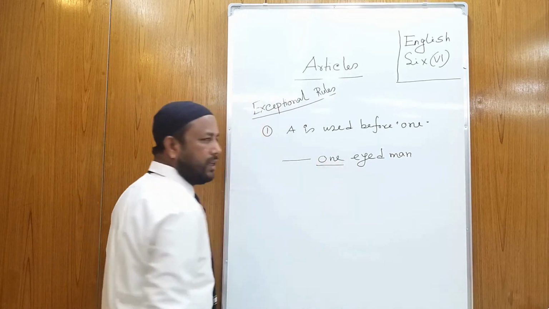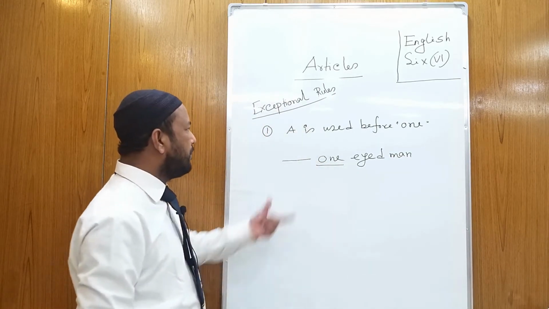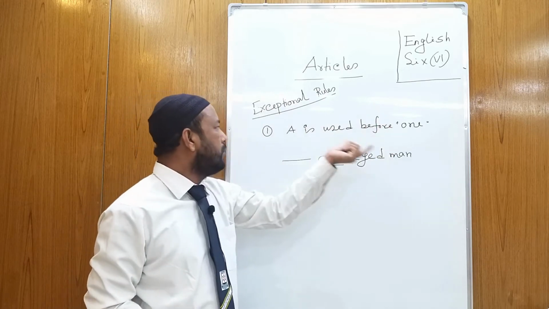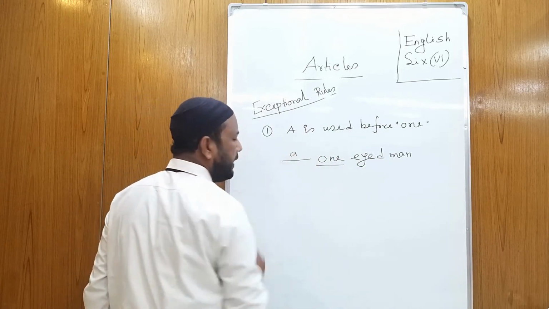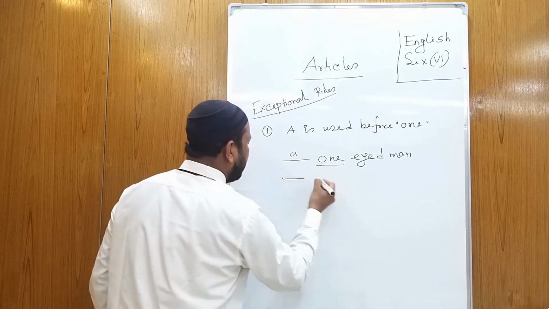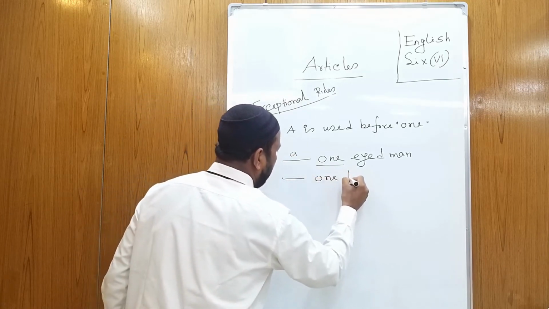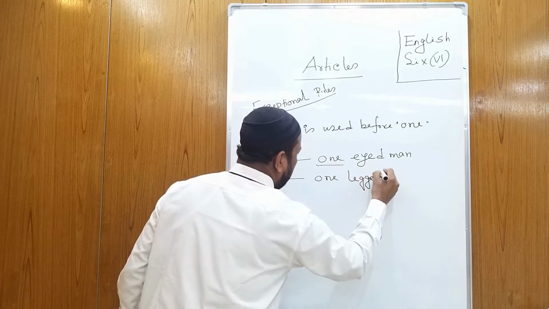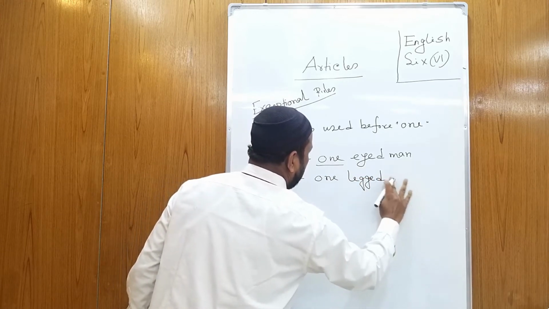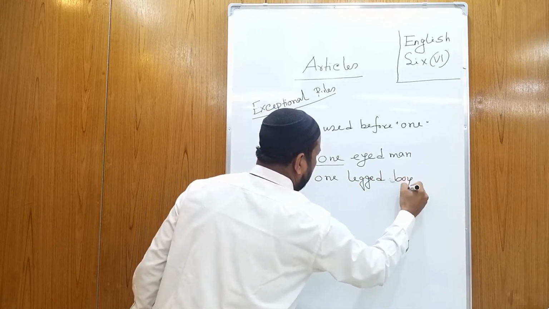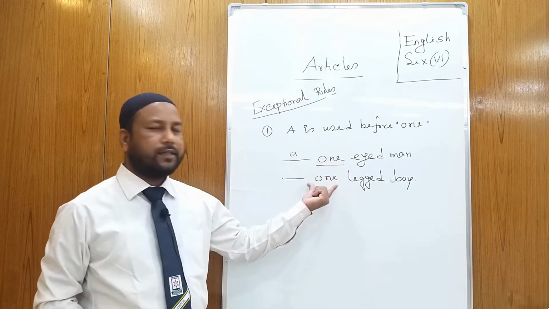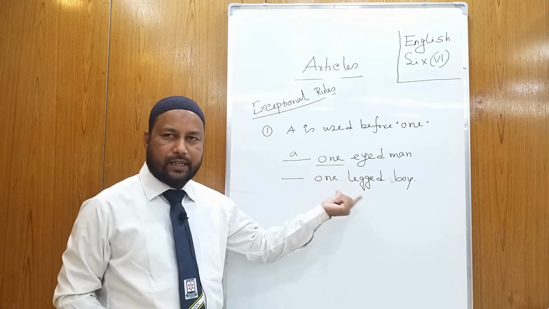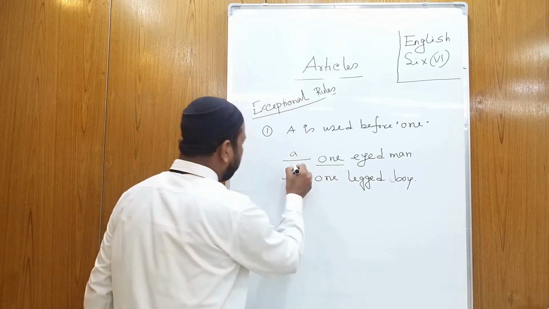The word is one, and we know by the rule that before one we will always use a. Here we use a. The second example, a one-legged boy. Similarly, the first word is one, that's why we use a.